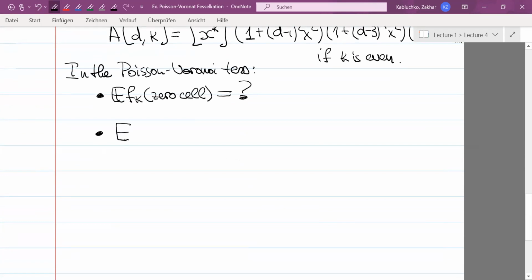For the typical cell, the following formula has been obtained recently.